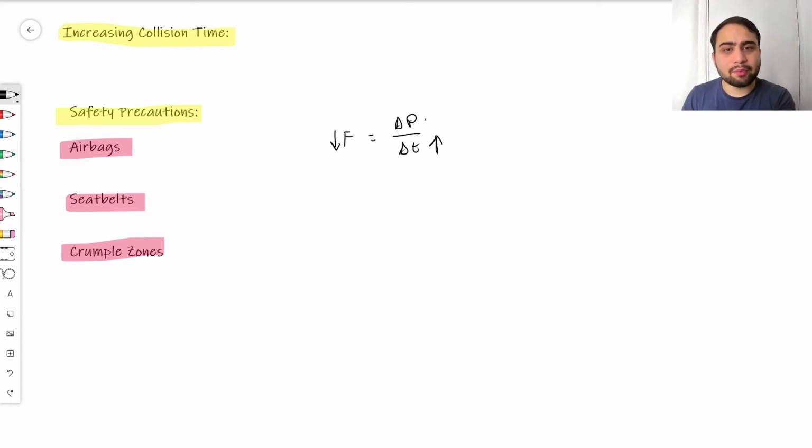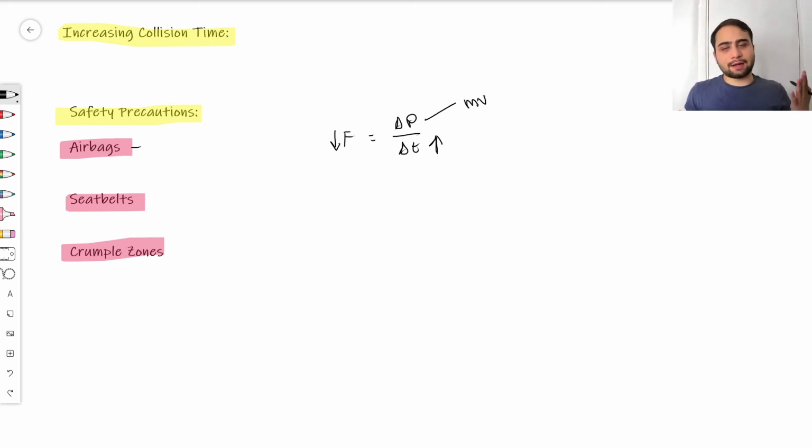Because remember, our momentum is pretty much fixed, because momentum is really just mass multiplied by velocity. Sure, we could decrease the velocity or somehow make our car lighter, but these are all things you can do before the collision, not in the middle of the collision. You can't just throw off a door of your car or suddenly slow down before you collide. We can only really change the time that our collision happens over. So our first one is airbags.